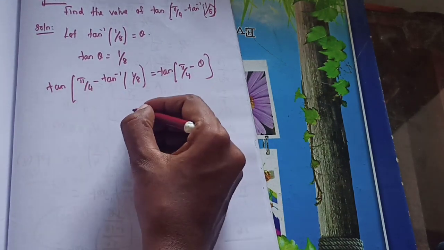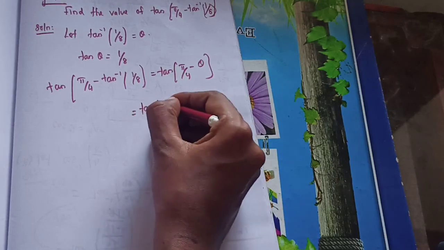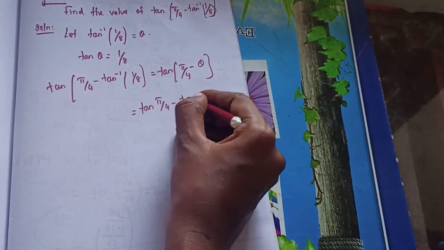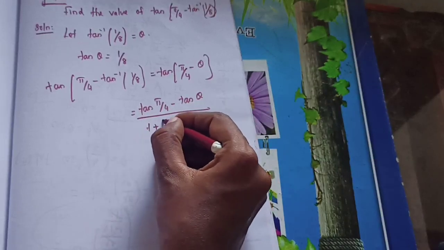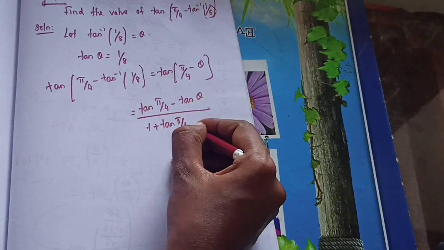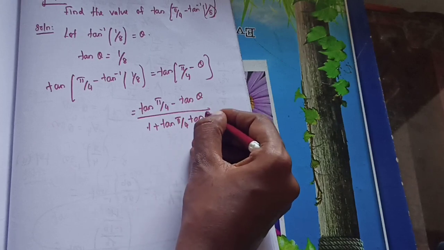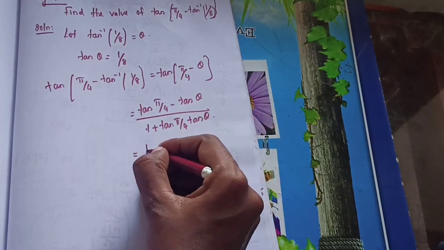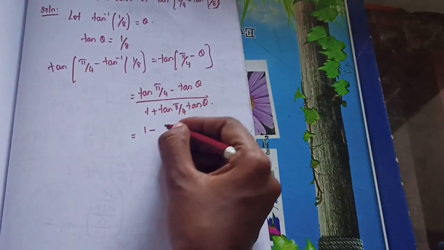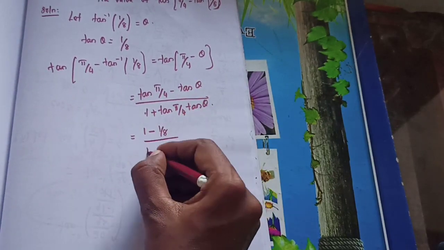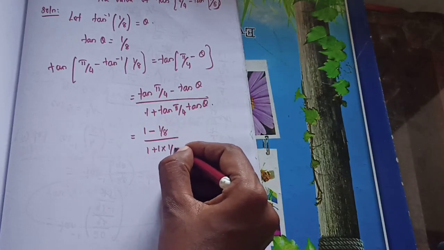Okay, so this one is tan of pi by 4 minus tan theta divided by 1 plus tan pi by 4 into tan theta. So tan pi by 4, what's the value? 45 degree, that is 1. Then tan theta, what's the value? 1 by 8. Then 1 plus 1 into 1 by 8.